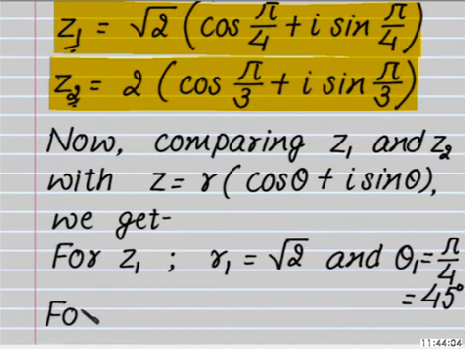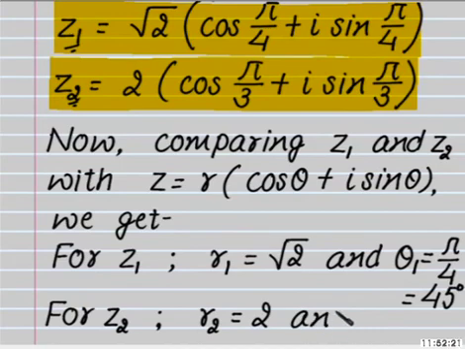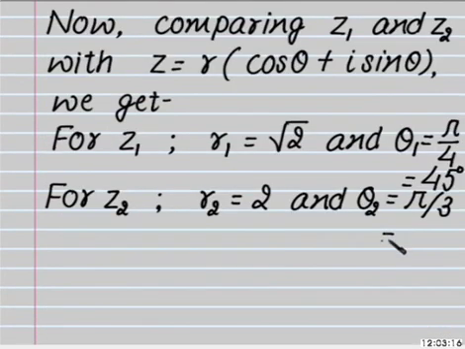For Z2, R2 is equal to 2 and theta 2 is equal to pi by 3, that is equal to 60 degrees.